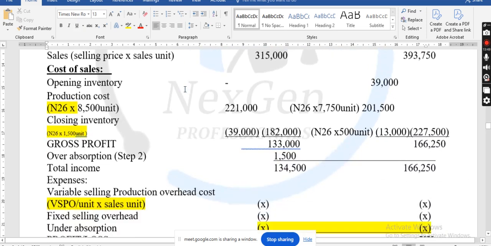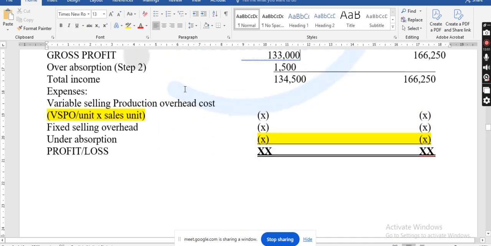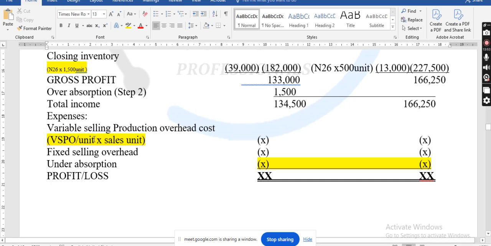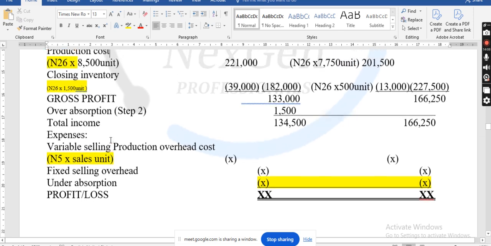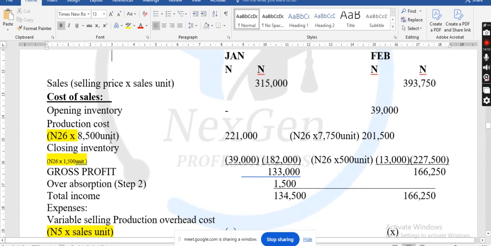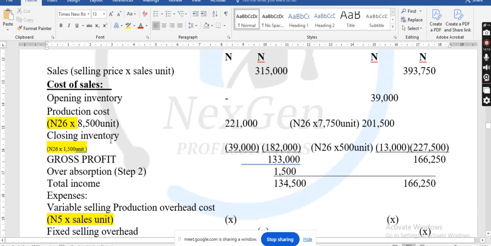Now let's go there. The variable selling is 5 naira per unit, right? Please confirm. Okay, thank you. Now, what is the sales for January? What is the sales unit for January? 7,000.